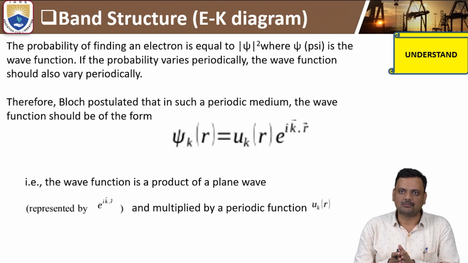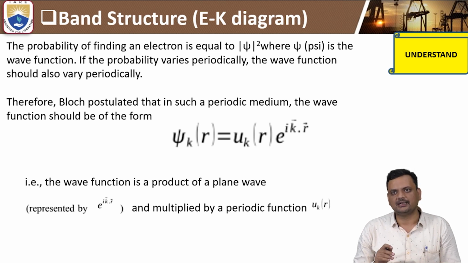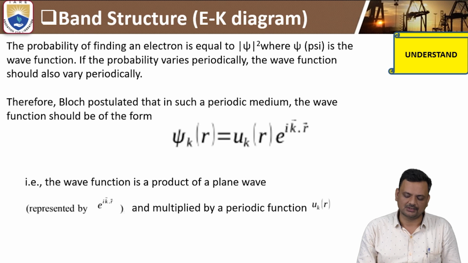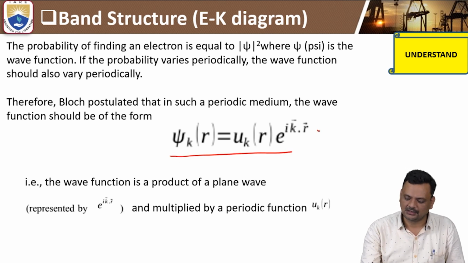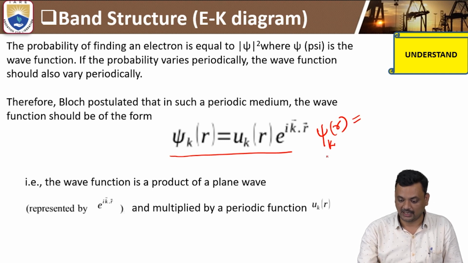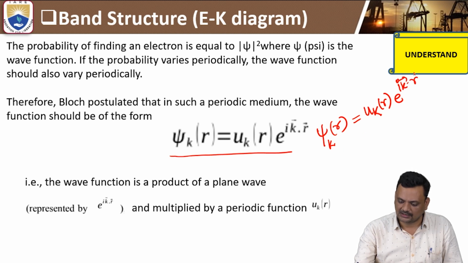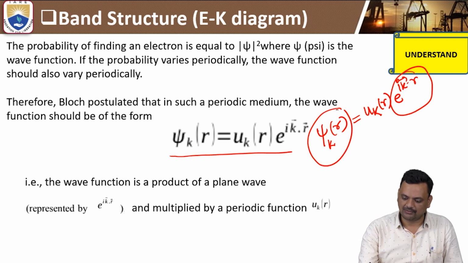Therefore Bloch postulated that in such a periodic medium the wave function should be in the form of this. This is a wave function: psi_k(r) equals u_k(r) e to the power i k dot r. Generally wave function is a wave.